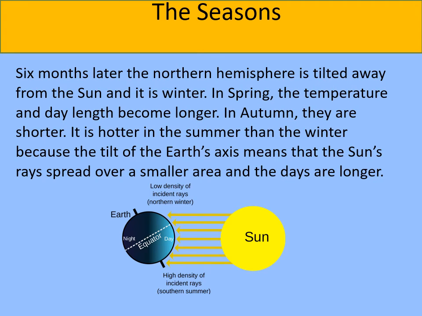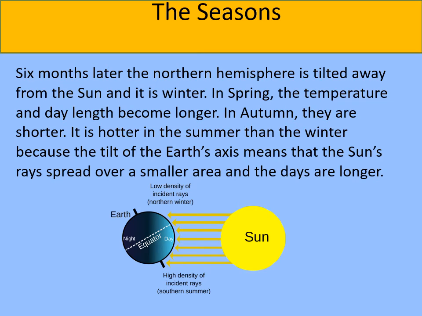If we look at this diagram, it shows the angle of sunlight striking the Earth in the northern and southern hemispheres when the Earth's northern axis is tilted away from the sun. So in other words, when it is winter in the north and summer in the south.